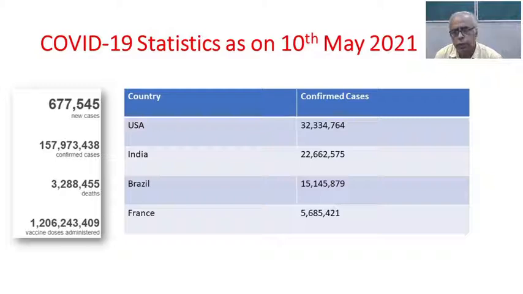When we look at the confirmed cases country-wise, in the USA we have nearly 32 million confirmed cases of COVID-19, followed closely by India with 22.7 million cases.